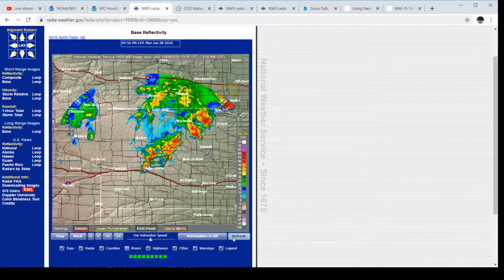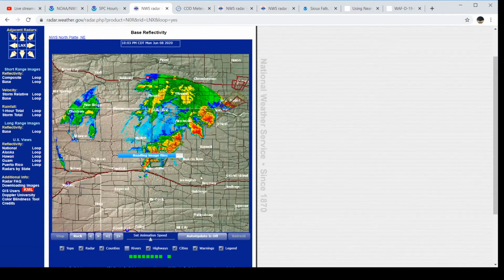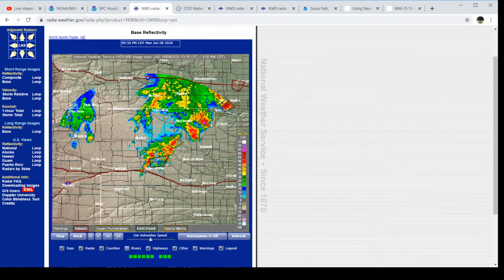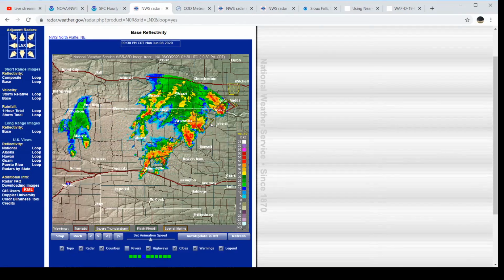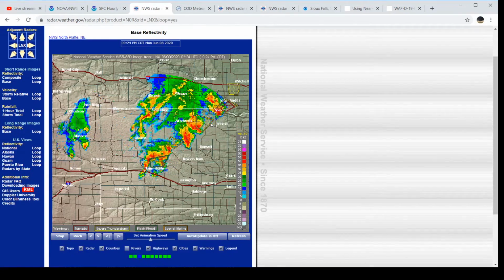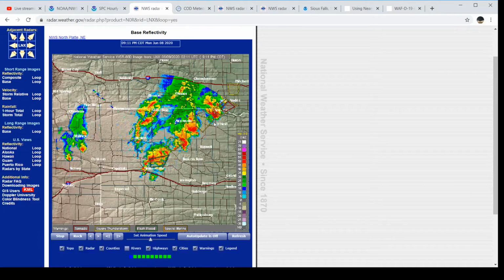Let's see. Refresh. So the storms I thought were going to do something have absolutely done nothing. Probably because of the convective inhibition.